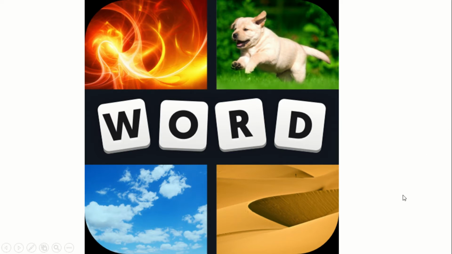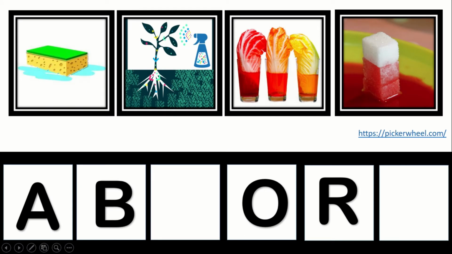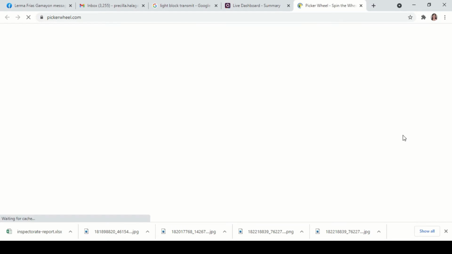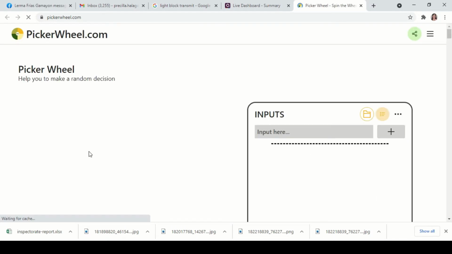We have number 1. We have 4 pictures here. You study the 4 pictures so that you can complete the word below. You have 4 letters which will serve as your clue. So what is your answer? Correct. Let us choose who will be our representative to answer question number 1.